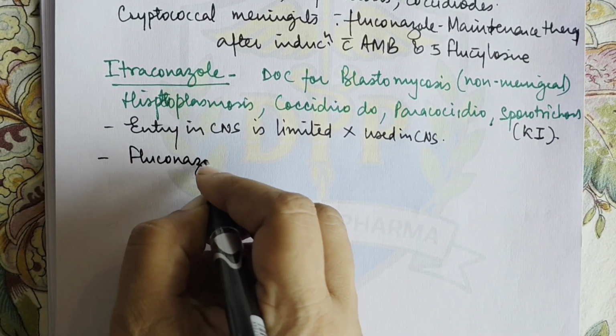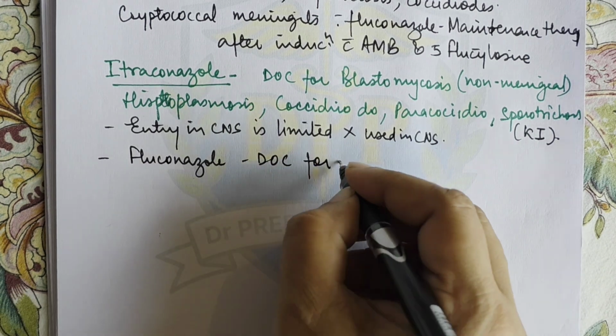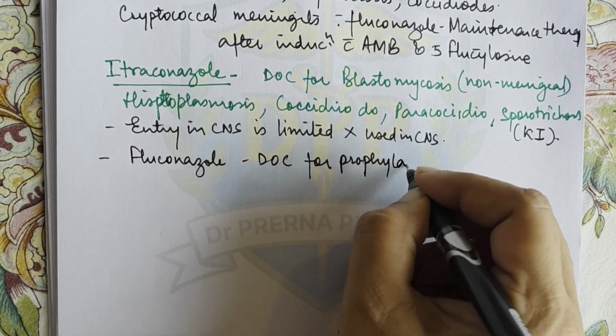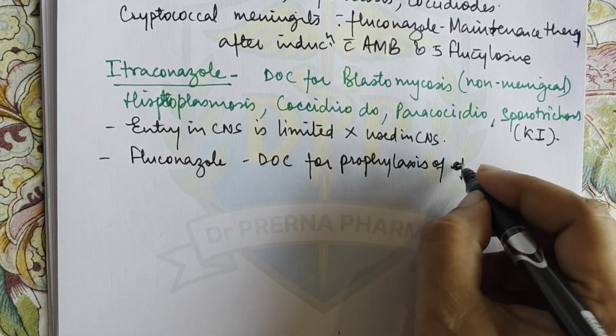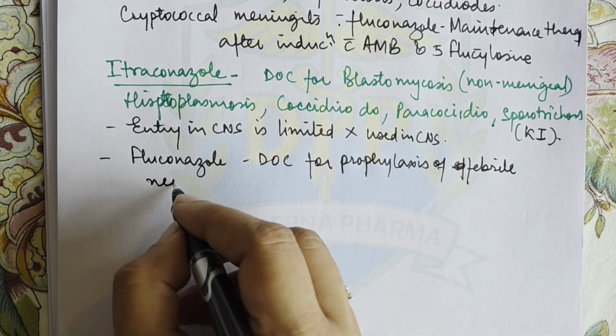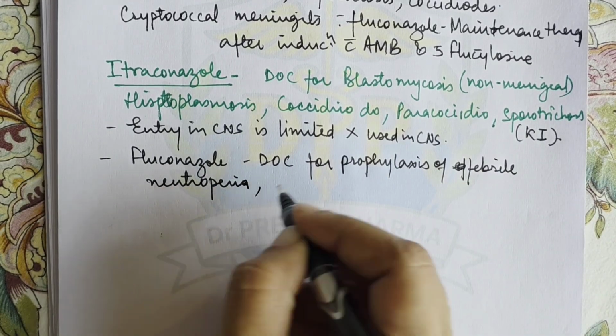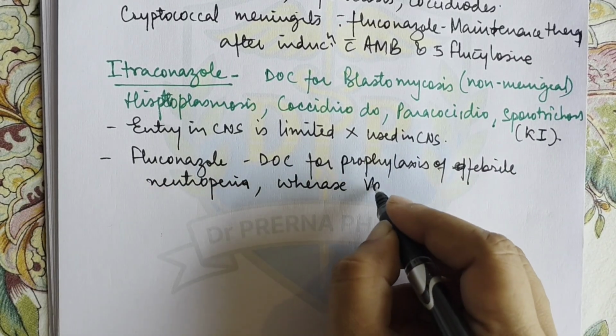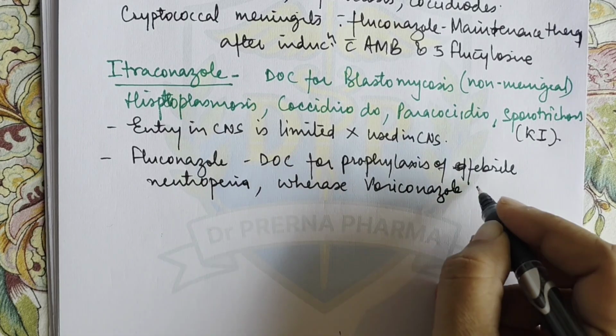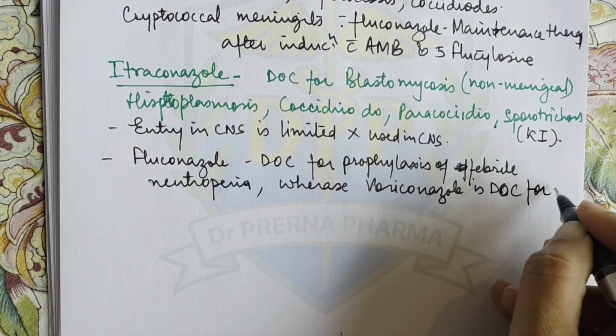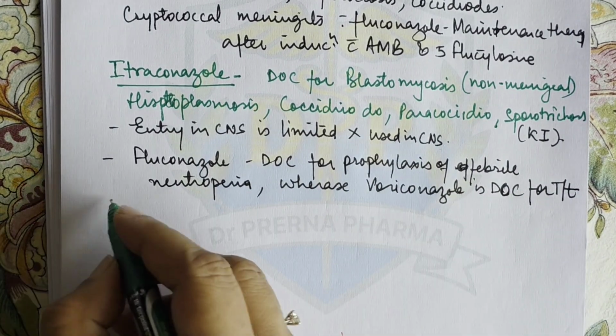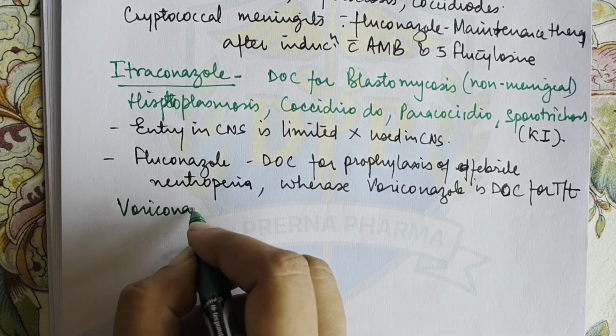Fluconazole is the drug of choice for prophylaxis of febrile neutropenia, whereas voriconazole is the drug of choice for the treatment part, right? The next drug that we have is voriconazole.